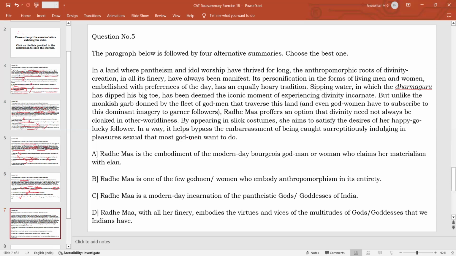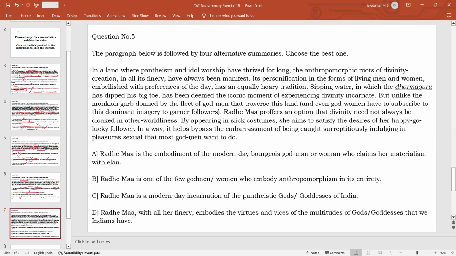So pantheism says that God is not a separate entity. Whatever we see in the universe is a representation of God. Basically, Hindu philosophy is a pantheistic philosophy where it says that everything in the universe is a representation of God, or God is residing in whatever things are available in the universe. And idol worship, yes, where God is represented in the form of human idols.